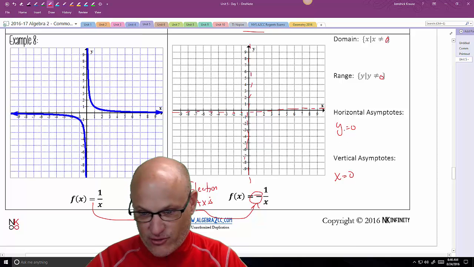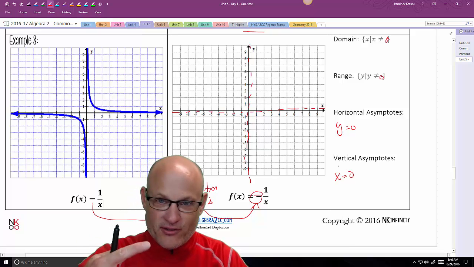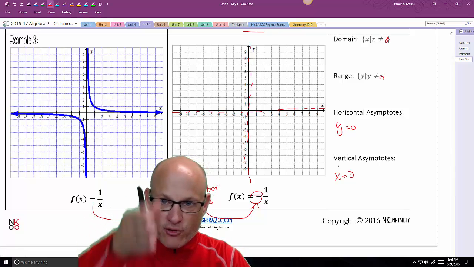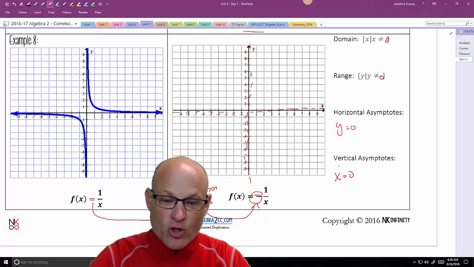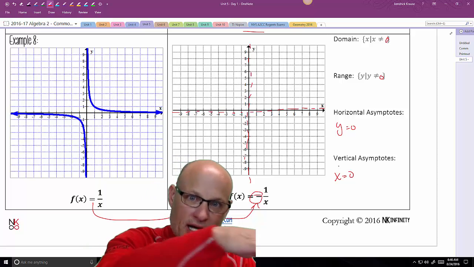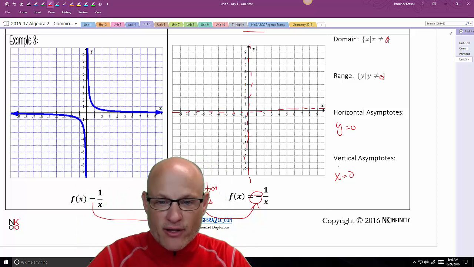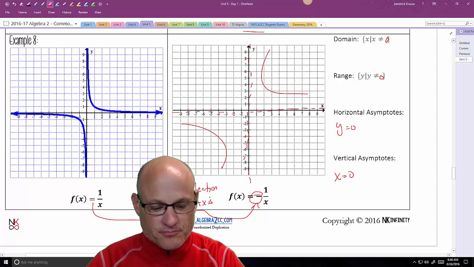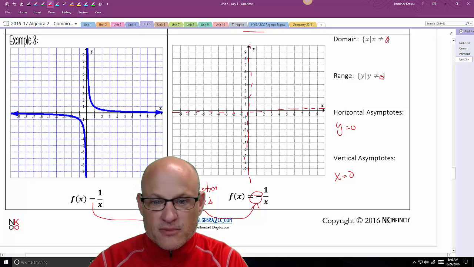By the way, if you mess these up and put x equals 0 and y equals 0, you lose 2 points, 1 for each, because they're both wrong. Make sure you understand a horizontal line is a y equals, and a vertical line is an x equals. If you forget, go over to your calculator, graph the line y equals 5, and make sure, oh yeah, y lines go like this. That means the x lines have got to go like this. But instead of it being up here and down here, we now have a reflection.